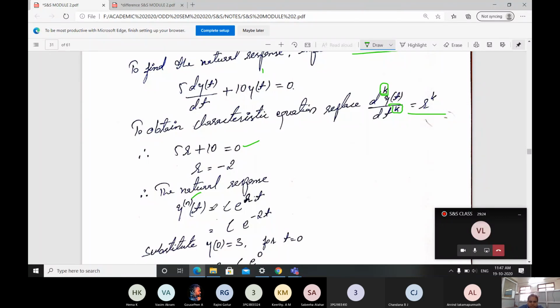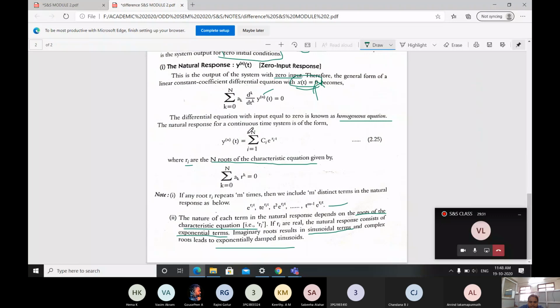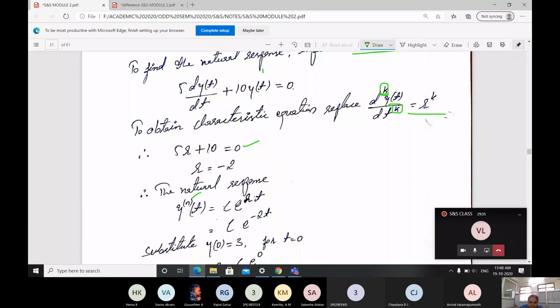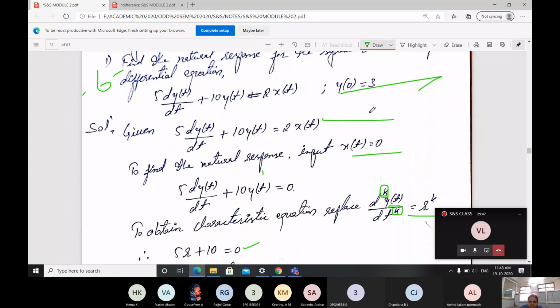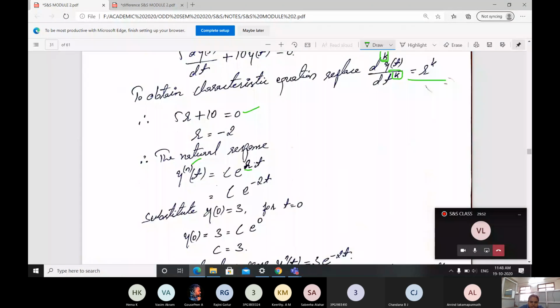So it is c e^(r t). What is our r in this case? c e^(-2t). Then the condition given is y(0) = 3.